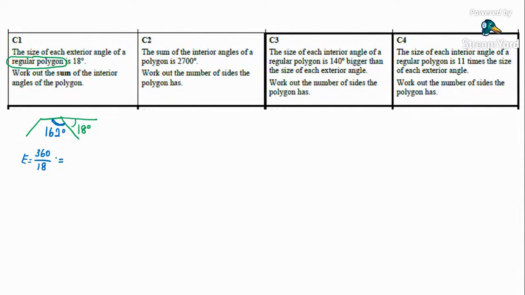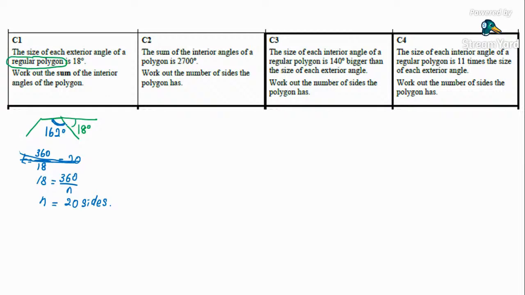It gives me 20 as the answer. Oh, wrong already. I put it at the wrong place. Sorry. So this one is supposed to be 18 equals 360 divided by n, and then n equals 20 sides.